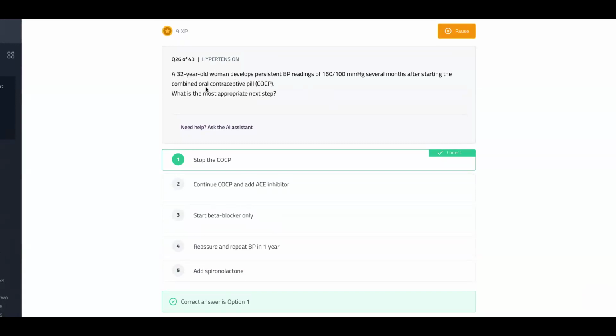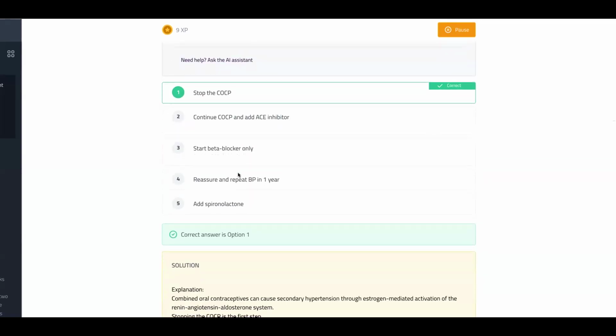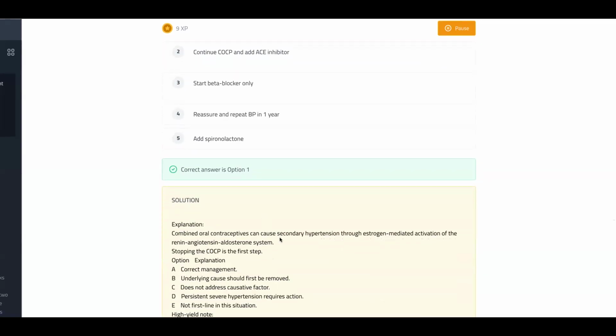If the blood pressure returns to normal, you don't need to start anything. But if it persists, that is something else. For this patient, we stop the combined oral, she may not need any medication, and the blood pressure will go down alone.